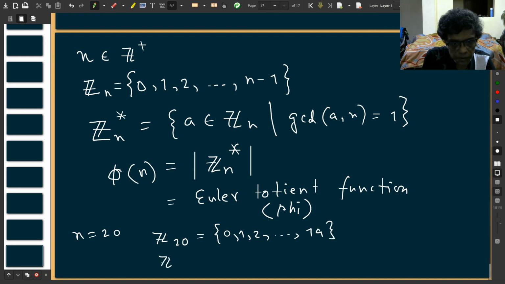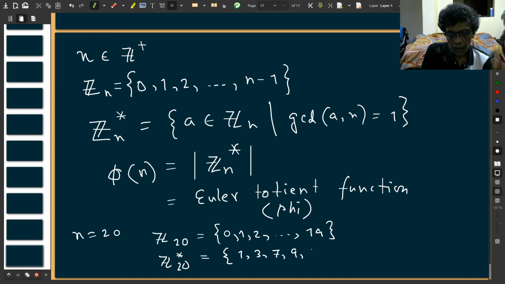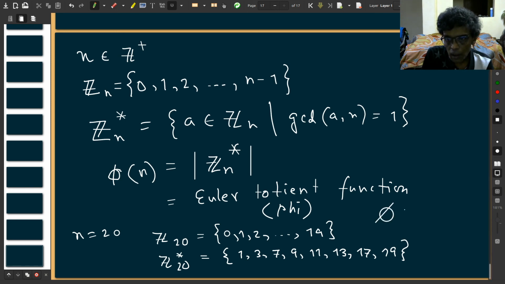And Z20 star: all even numbers I should ignore, so out of these, 1, 3, 5 will not be there, 7, 9, 11, 13, 15 will not be there, 17 and 19. So it follows that phi of 20 is 8.